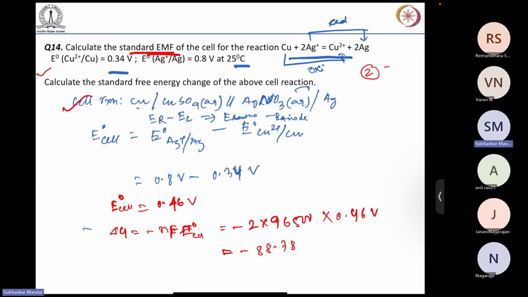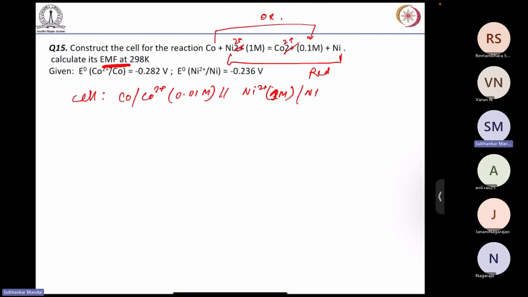So here you have to calculate the EMF, not the standard EMF. It is also easy. We have to use the Nernst equation. Here the concentrations are given, so we have to use them.